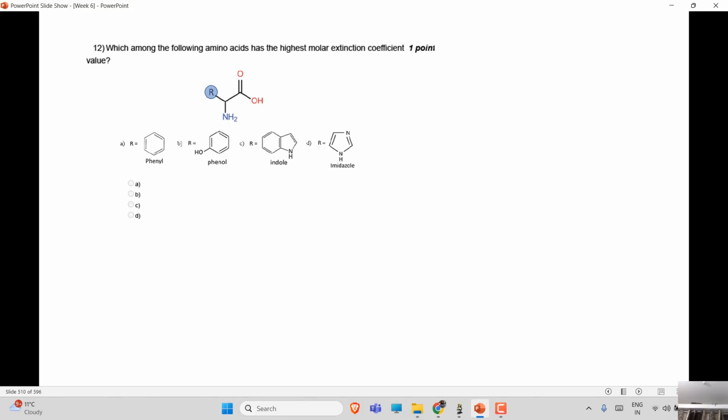Which among the following amino acids has the highest molar extinction coefficient? A, B, C, D. These are the four options you have. I'll wait for a few minutes. You can try answering the question.